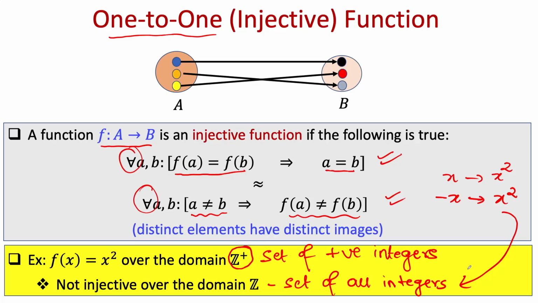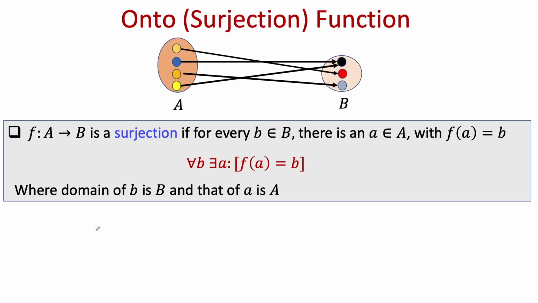But if I restrict my function only over the set of positive integers, that means my x can only be positive integers, then clearly this is an injective function. So you can see the importance of domain. If you change the domain, the interpretation or the meaning or the property of the function changes immediately.